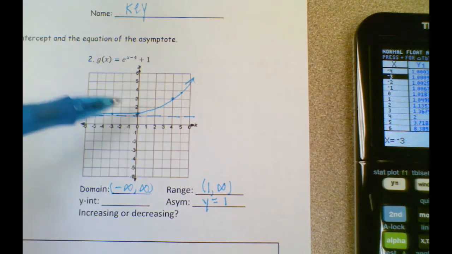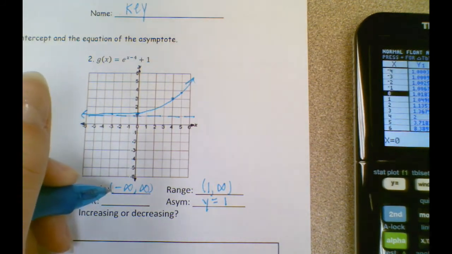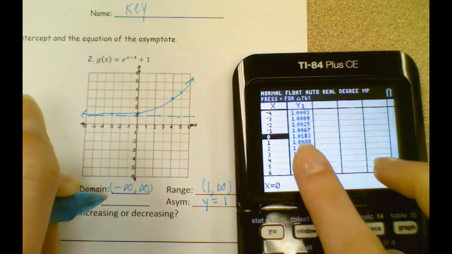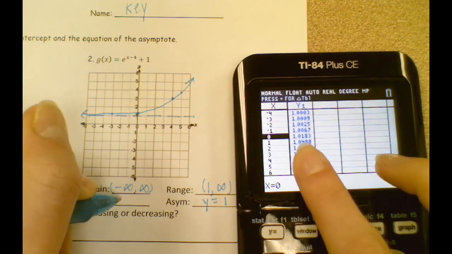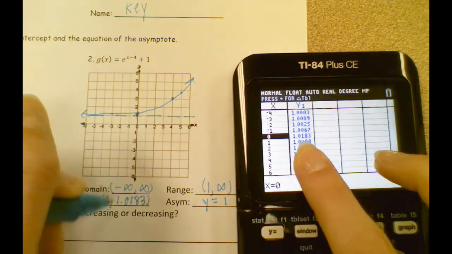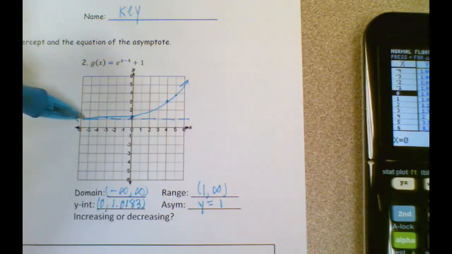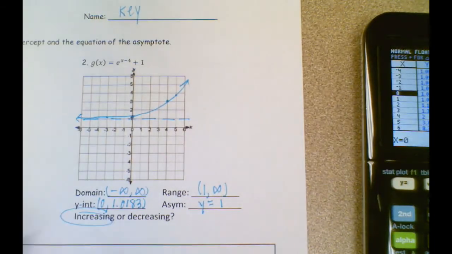Remember, parenthesis on the 1 because the function does not exist there. The y-intercept was at 0, 0.0183. Yep, okay. And then as I move from left to right, my graph goes up, so it's increasing.